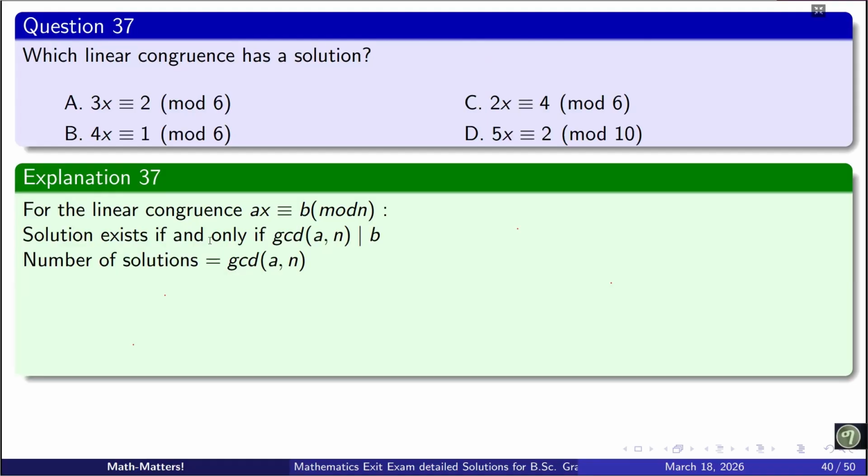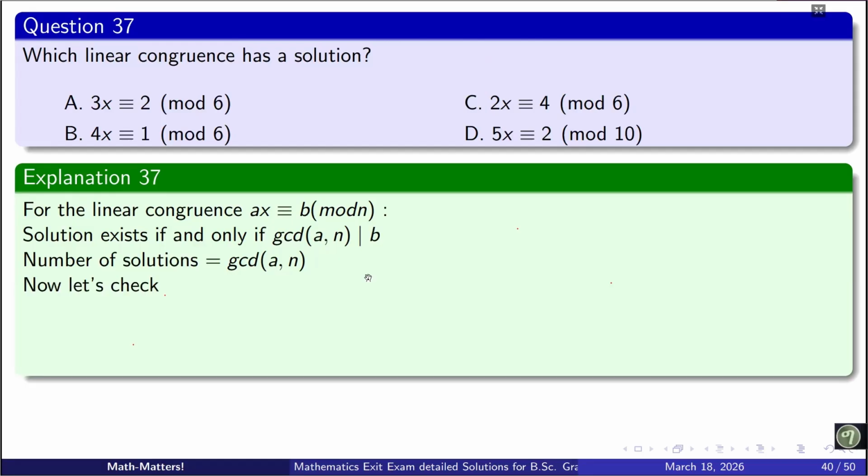The number of solutions is equal to the GCD of a and n. That means if this condition is satisfied, the linear congruence has a solution.